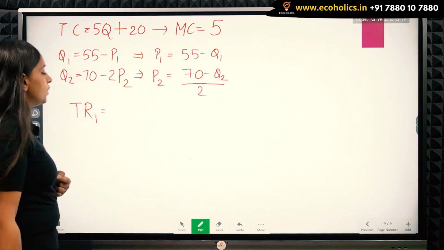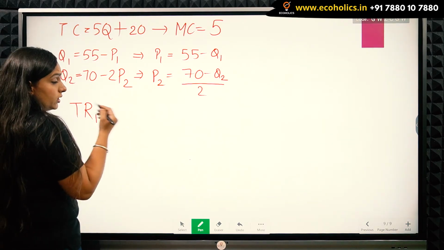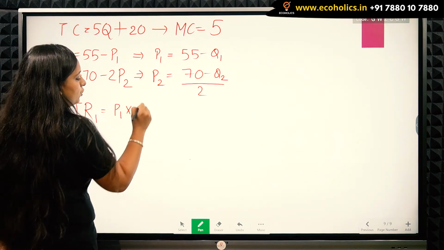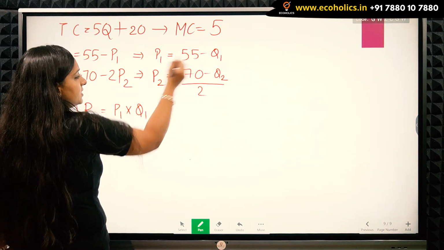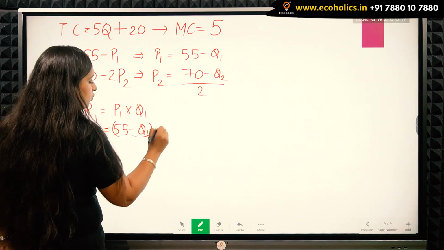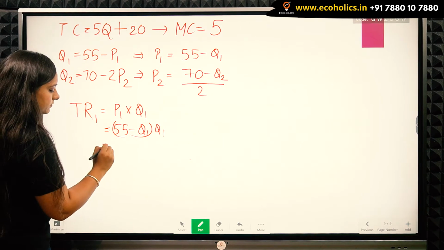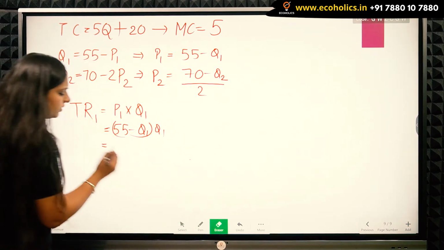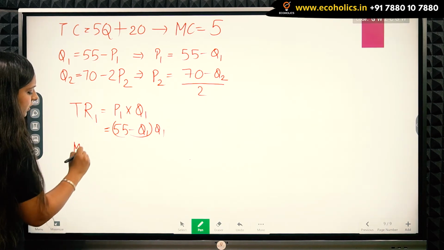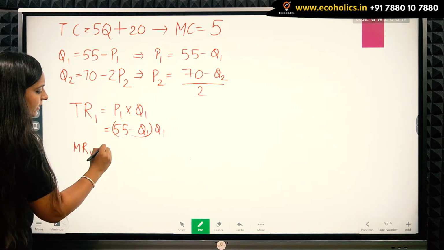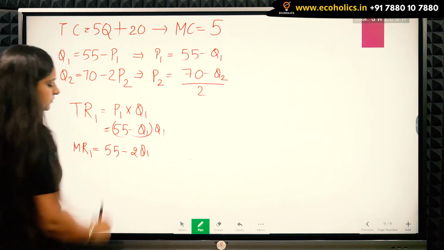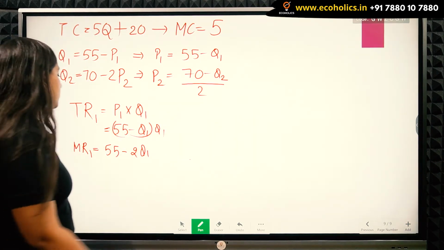Total revenue of the first market is P1 into Q1, so (55 minus Q1) into Q1. I can find marginal revenue from this directly: 55 minus 2Q1. This is the marginal revenue of the first market.